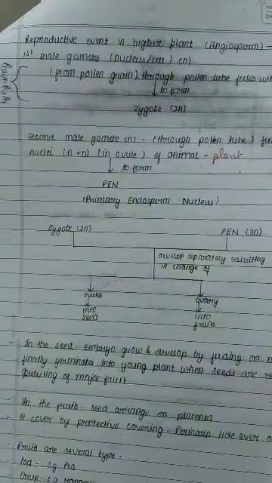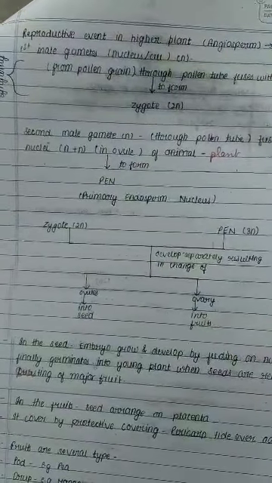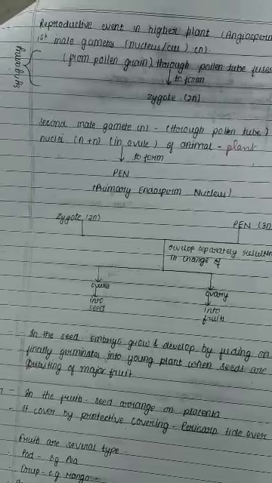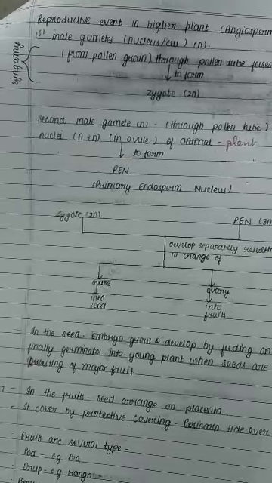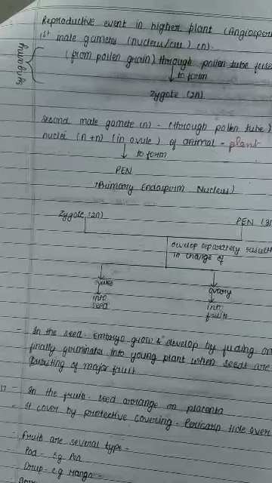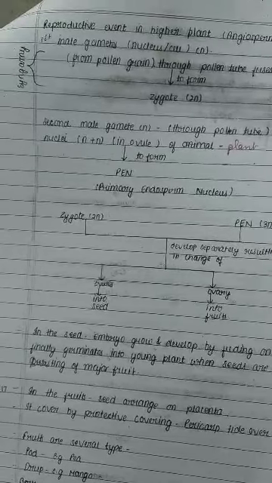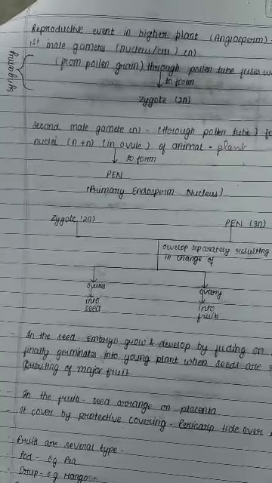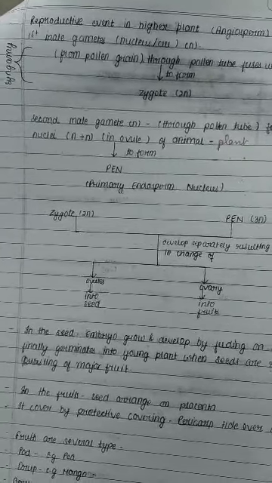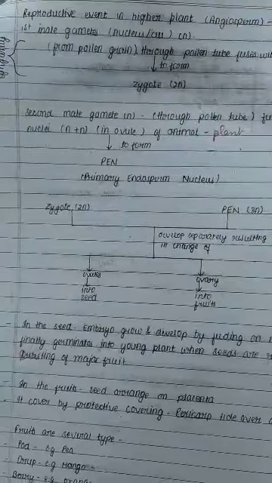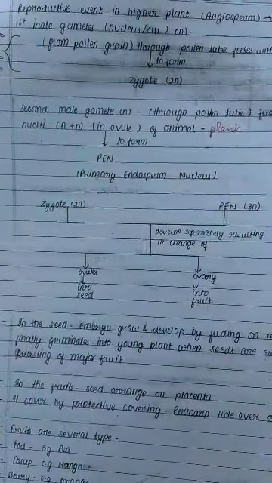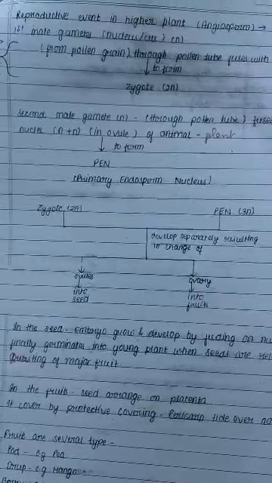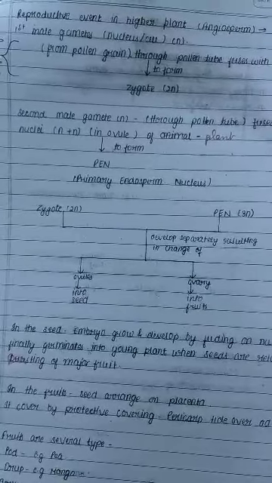Now, the reproductive event in higher plants, angiosperms. First, the male gamete nucleus and the egg cell: the pollen grain through the pollen tube fuses with the egg cell to form a zygote. That fusion of gametes is called syngamy. The second male gamete through the pollen tube fuses with two polar nuclei in the ovule to form the primary endosperm nucleus.